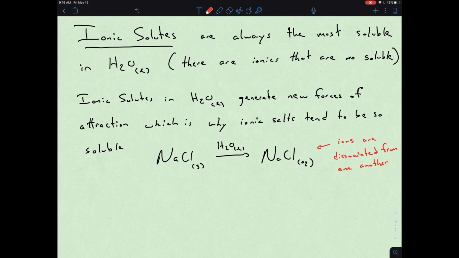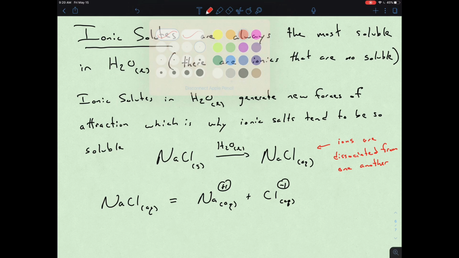So to write NaCl aqueous is the same thing as saying Na plus 1 aqueous and Cl minus 1 aqueous. And that's that idea that they're really dissociated from one another.